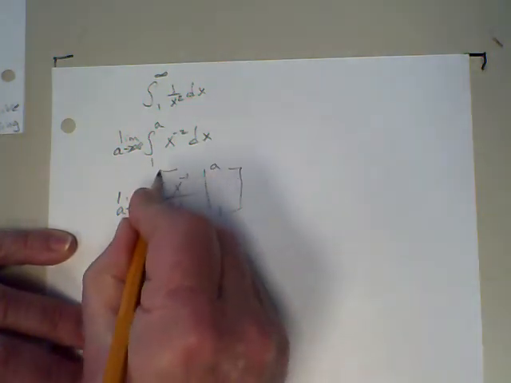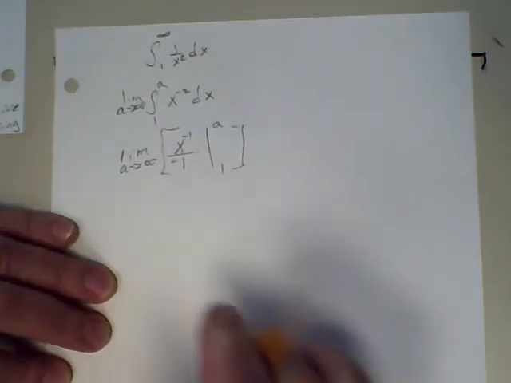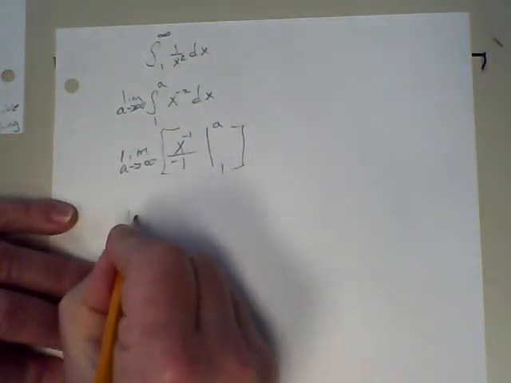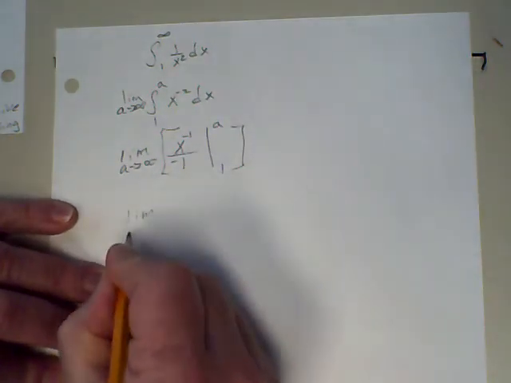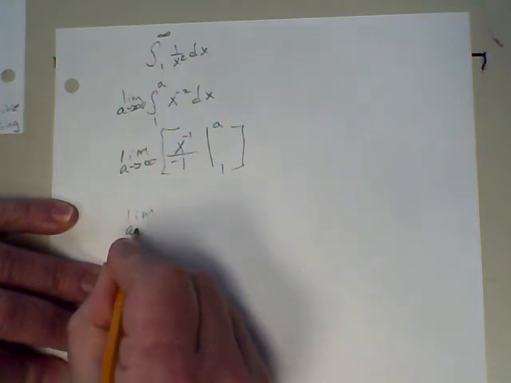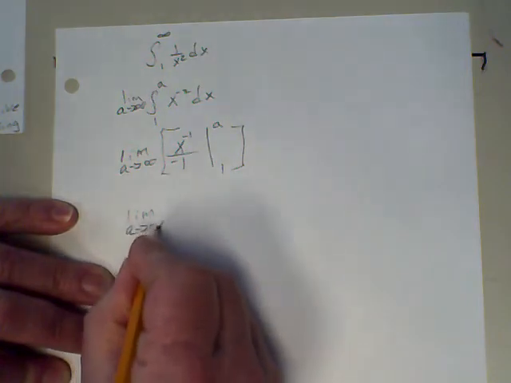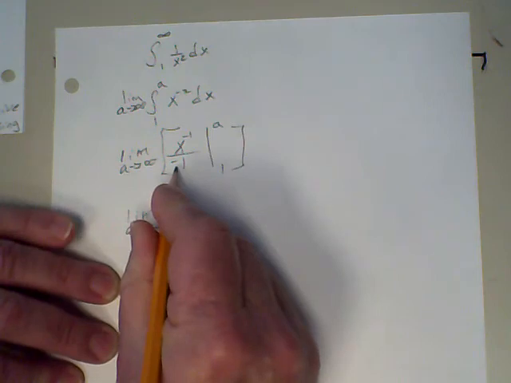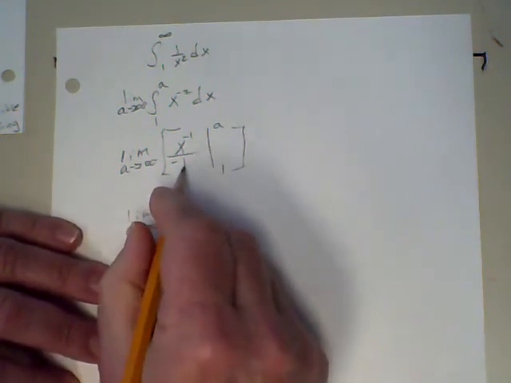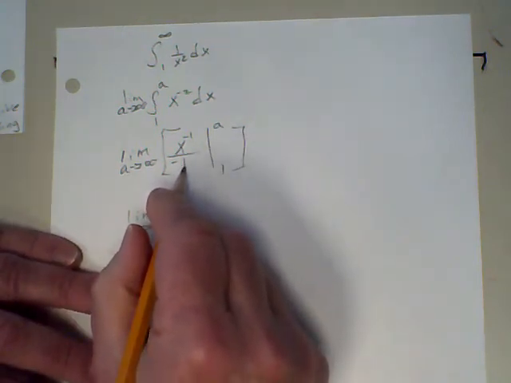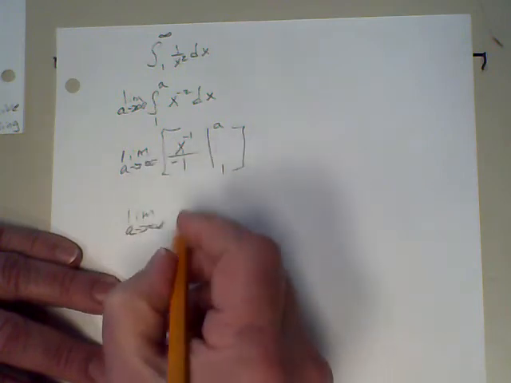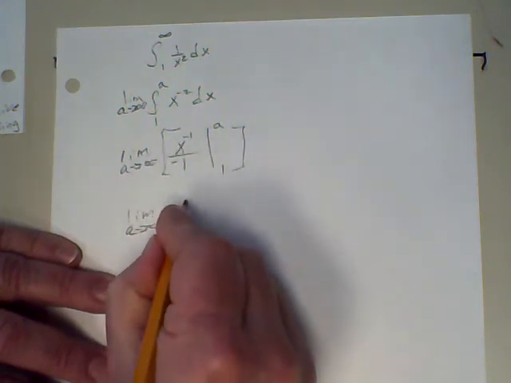So let's get all our notation in play. There we go, nice and clean. We still need to take the limit after we do our cleanup work. The negative 1, remember that with a fraction, a negative in the denominator can go in the front or in the numerator. They're all good there.